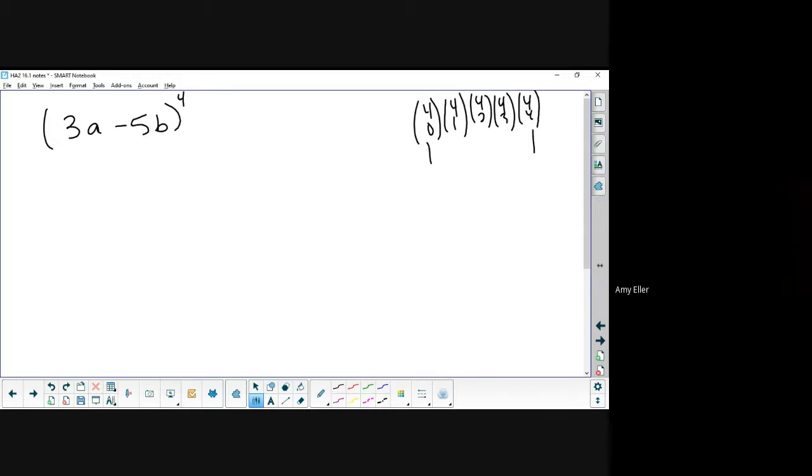Do we always know the second term? It's going to be that number. You might just have to type in the other ones. So my coefficients are 1, 4, 6, 4, 1. Let's put a plus in front of each one.